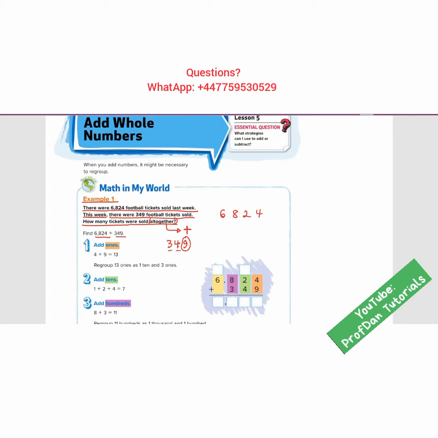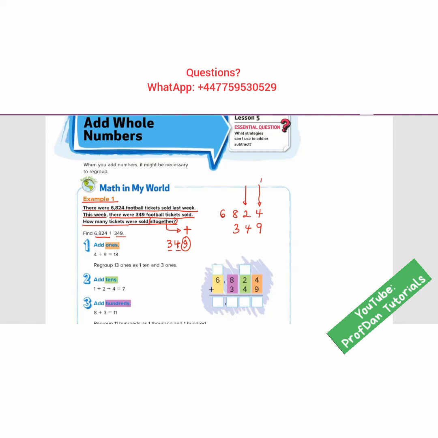So start with 9 in the ones position. Put 9 followed by 4 and 3. This is very important. Next, you need to add according to their place value.